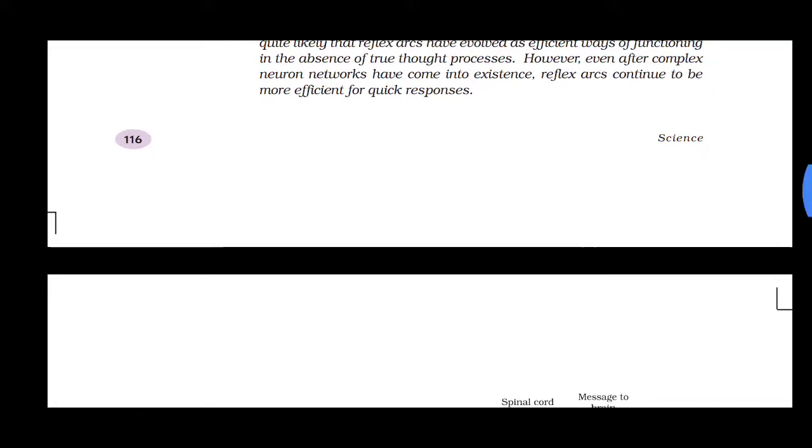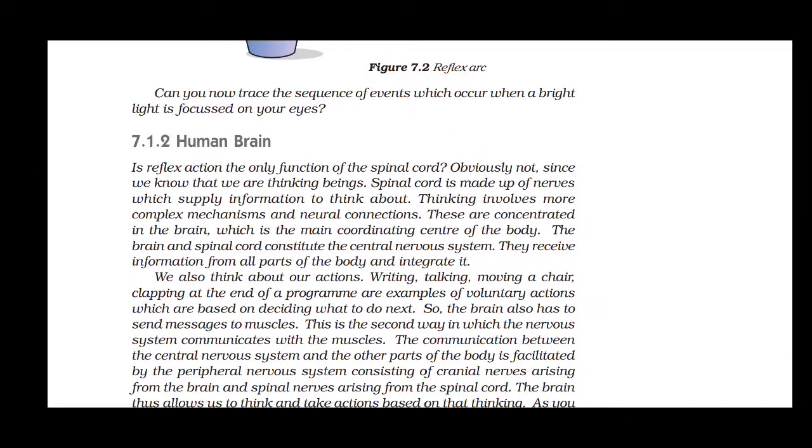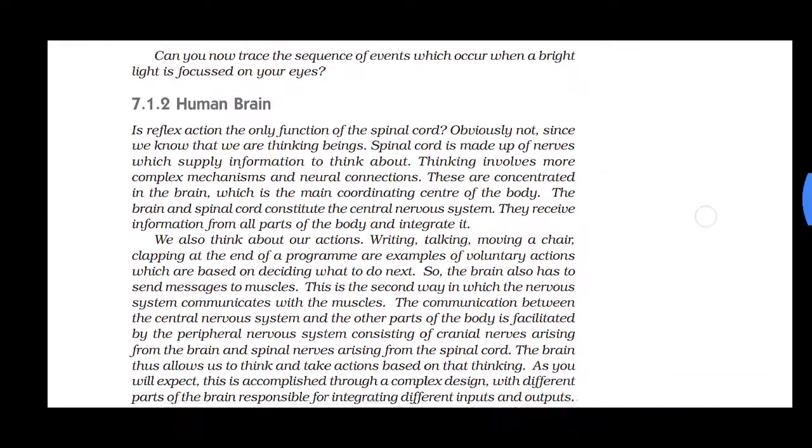So when there should be a quick response, the spinal cord will react and pass on the message to the muscles about what to do in this particular situation. So taking this action will save us from the injury.